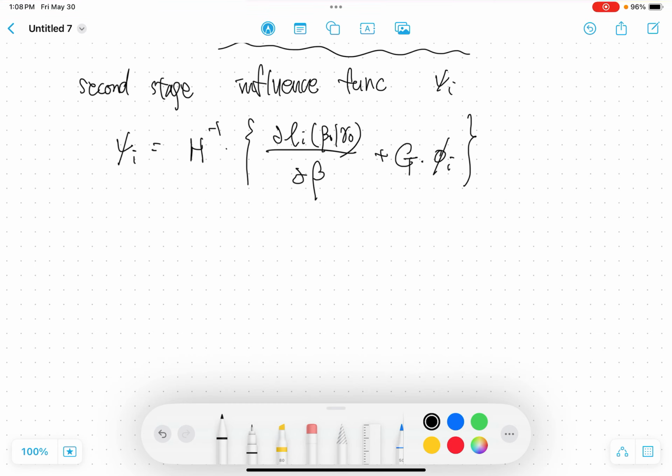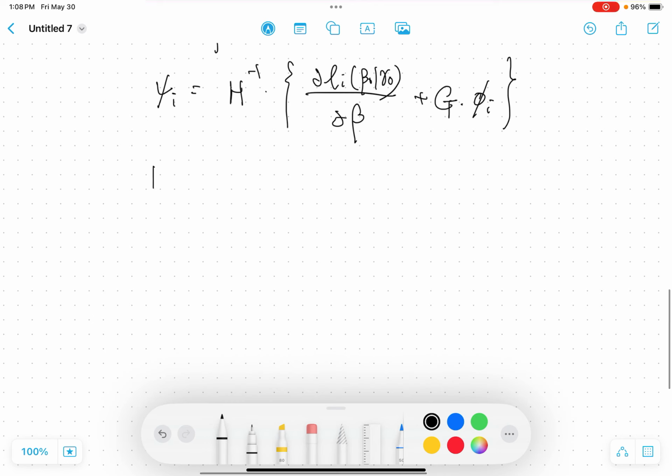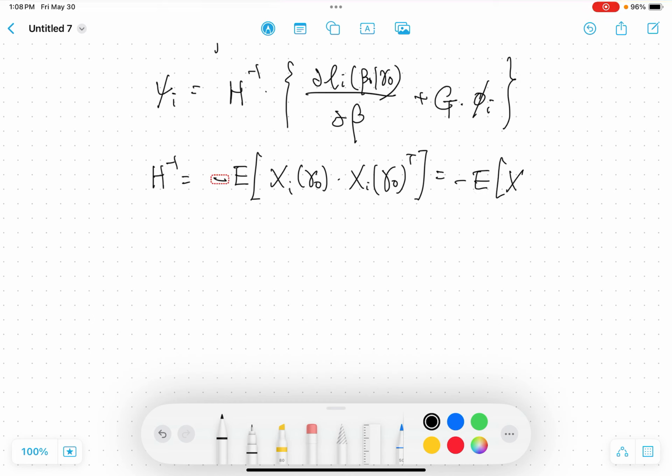And all these things we already calculated. H inverse was minus expectation of xi gamma 0 times xi gamma 0 transpose, right? Its inverse is going there. And in our notation, we may write it as xi0 transpose for simplicity.